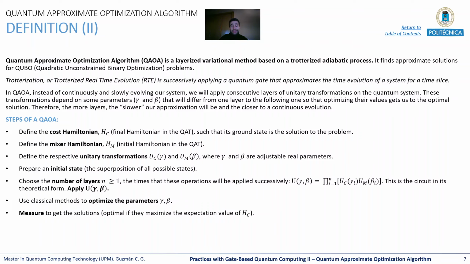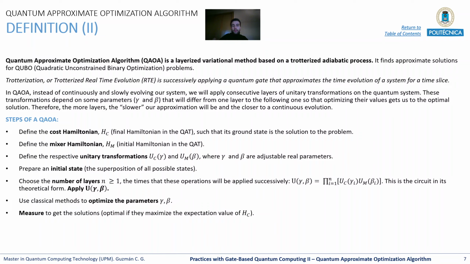And that will mean those are the times that these operations, the unitary transformations that we have defined before, will be applied successively. So the formula that you have there is the combination of both transformations. First, the mixer one will be applied. Afterwards, the cost one.